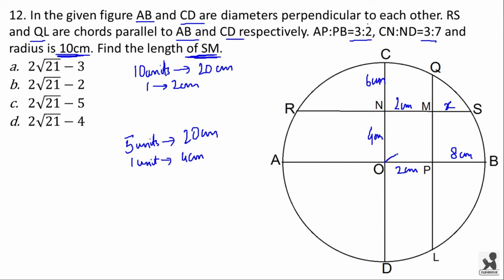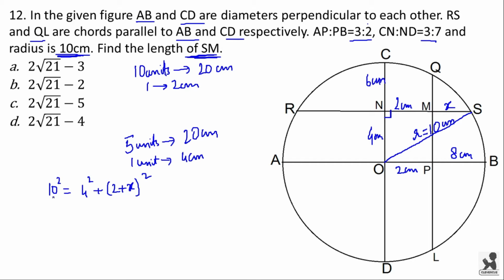Now if you connect line OS, this is the radius of the circle, and so consider triangle ONS. This triangle ONS is right angled at N. Now the length of the radius is 10 centimeters. So here we can apply Pythagoras theorem. We have 10 square is equal to 4 square plus 2 plus x whole square.